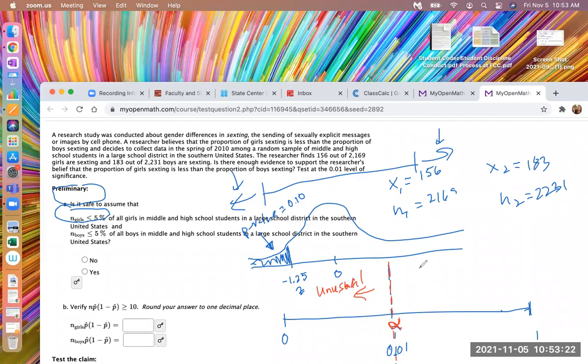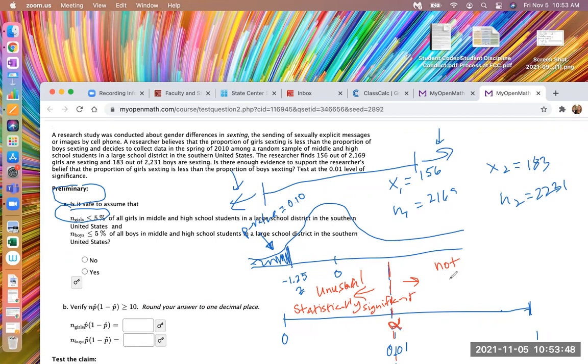And anything higher than alpha, we say it's not unusual. And if we say it's unusual, we say it's statistically significant, because statistically we can make some real bold statements about it.